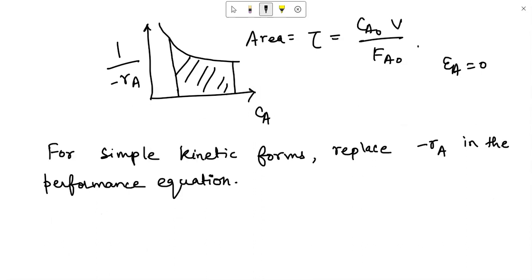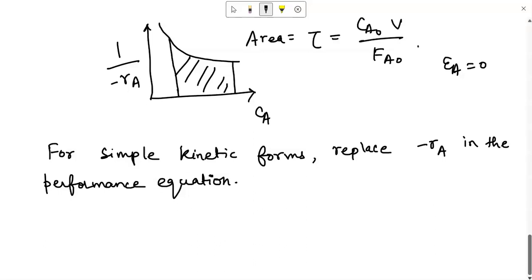Of course, I will not show you the entire derivation, because the derivation is essentially carried out just by replacing the minus rA term with the actual kinetic expression. We are going to use a very simple case to solidify our understanding about plug flow reactor performance.